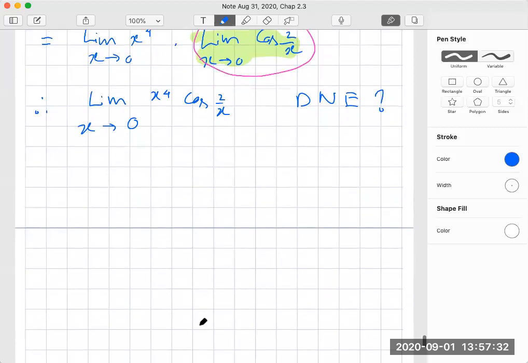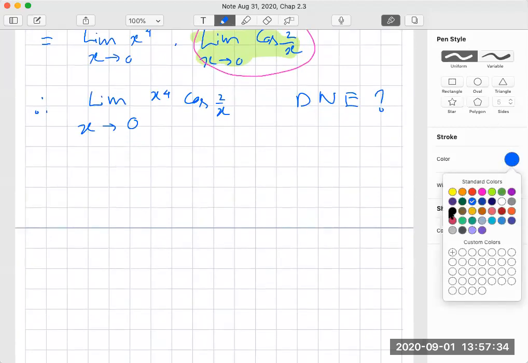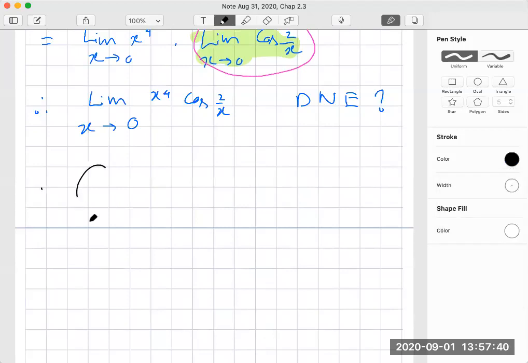Okay, if you don't remember the trig function here, suppose this is the unit circle. This is the cosine axis. This is the sine axis. And the maximum value of cosine will be 1.